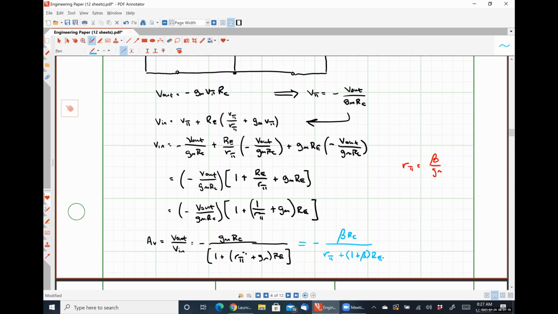With emitter degeneration, it's negative GM RC over some quantity that's greater than 1 by definition, which means the emitter degeneration serves to reduce the voltage gain of our system. So this is a trade-off, right? It increases the input resistance, which is typically a good thing, but it decreases the voltage gain, which is typically a bad thing for a voltage amplifier.